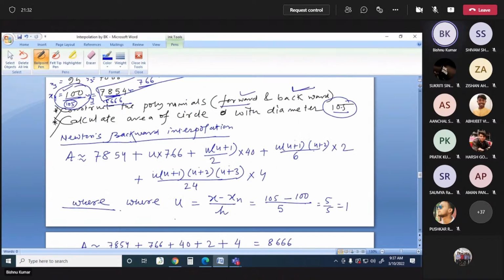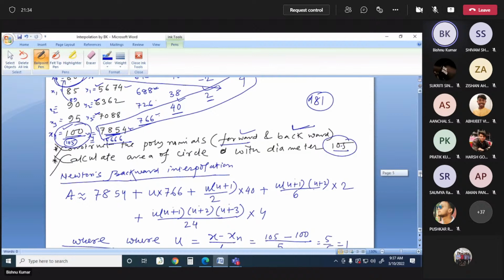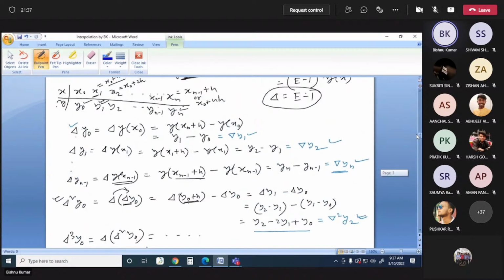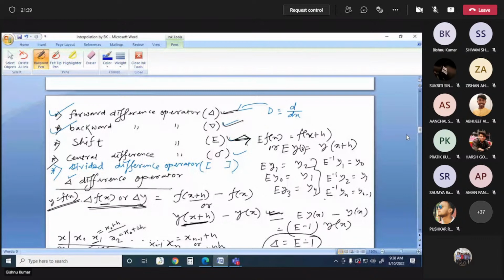No, sir. I told you in last class, actually in the operators there is an interrelationship. So forward, backward, shift, central difference, divided difference, all the operators have relationships and small questions can be built.